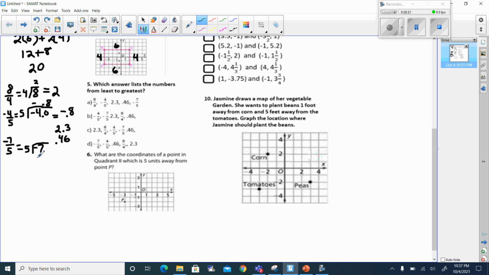I know 5 goes into 7 one time, leaving me with 2. When I annex a 0, that's going to be 4, because 5 times 4 is 20. So this is going to be equal to 1.4. But remember, this is a negative divided by a positive. So actually, it's going to be negative 1.4.